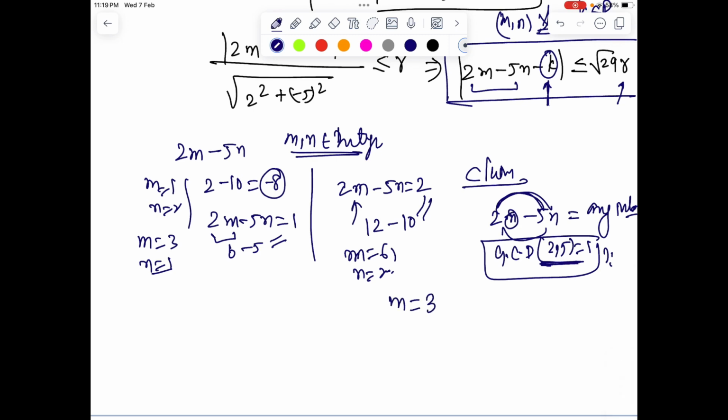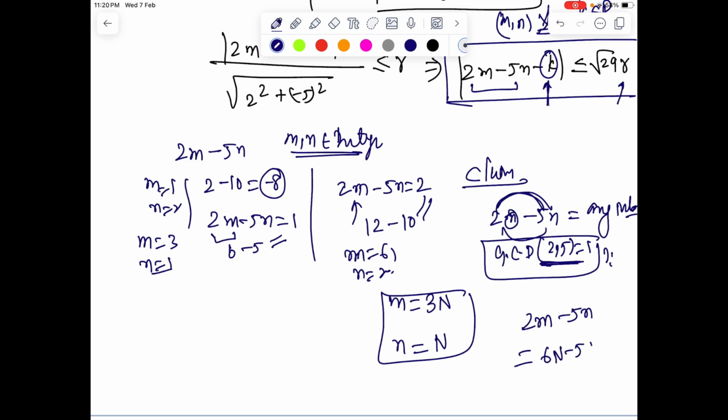The other way of looking at this: let's say m is 3 times some integer or natural number, because we are in the first quadrant, and I choose n as just n.